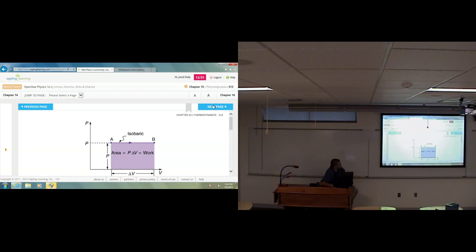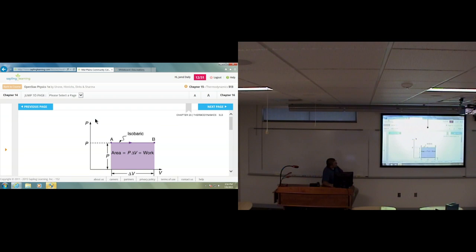Now that could be useful in an engine, to have this ability to allow the volume to change without the pressure changing. It could be useful, so we want to know as much as we can about it.